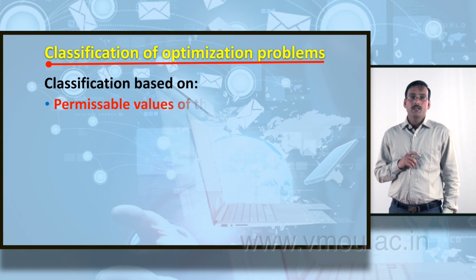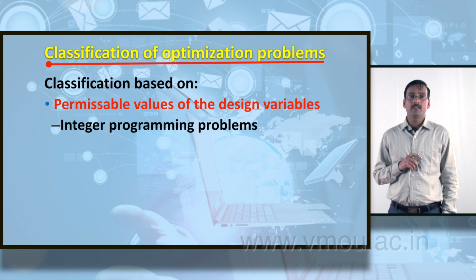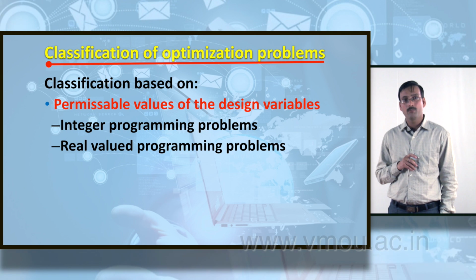If you consider the permissible values of the design variables or the decision variables, that is x, then if this x is an integer, the problem is known as the integer programming problem, and if this decision variable x can attain any real value, then the problem is known as the real valued programming problem.